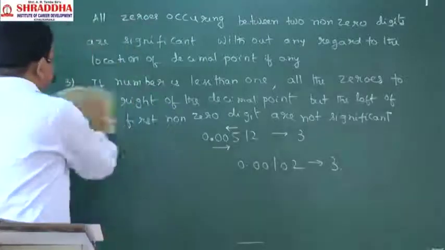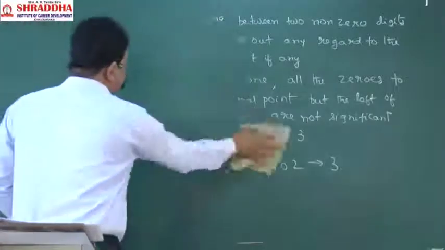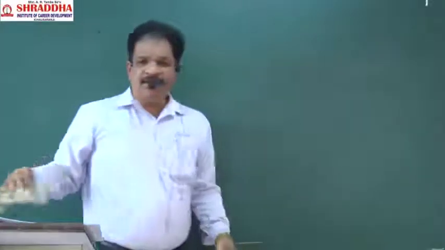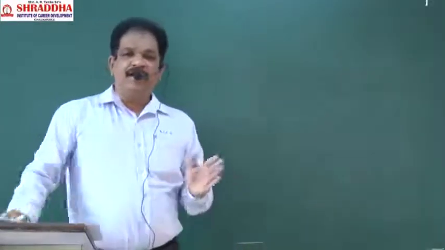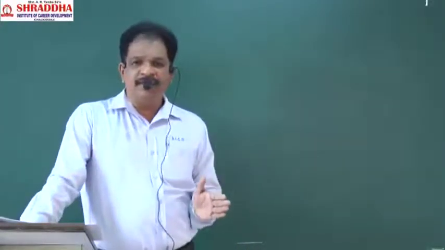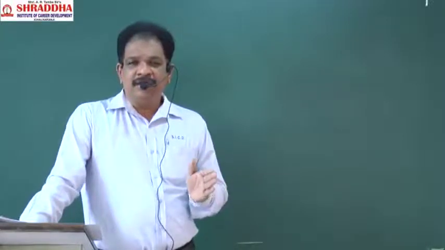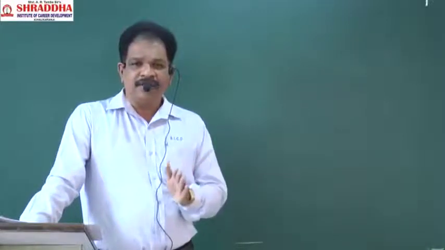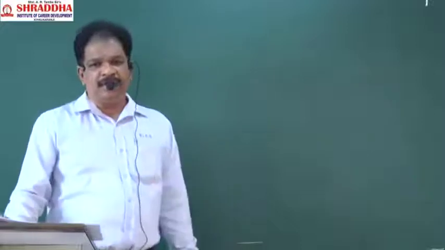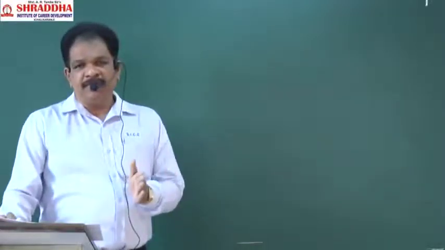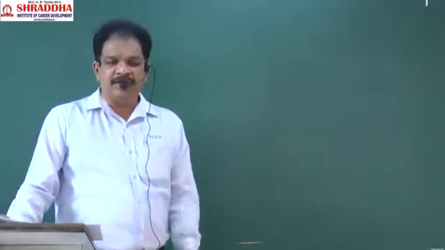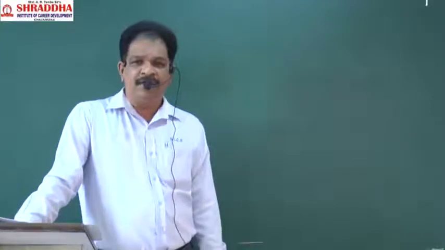Next. Rule number 4. What are the 3 rules? Tell me. All non-zeros are significant without any regard to the location of the decimal point, if any. Zeros in between two non-zero digits are significant without regard to the location of the decimal point, if any.